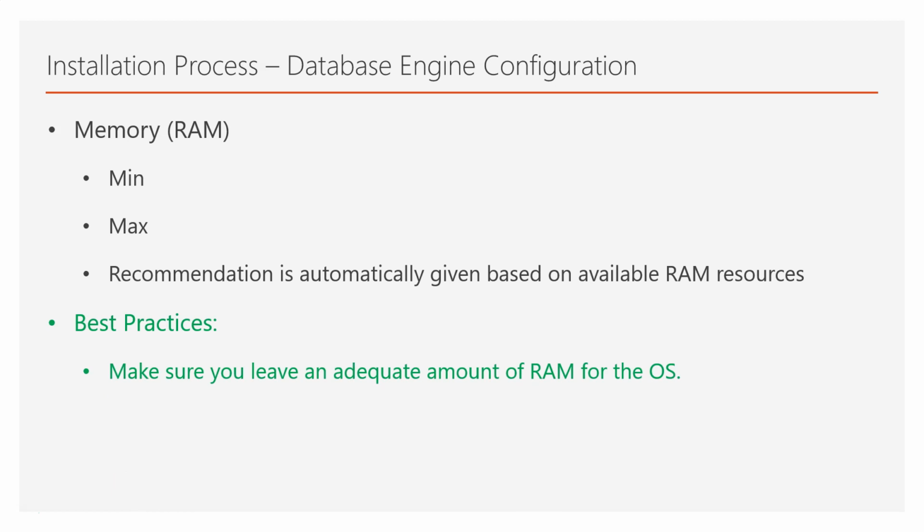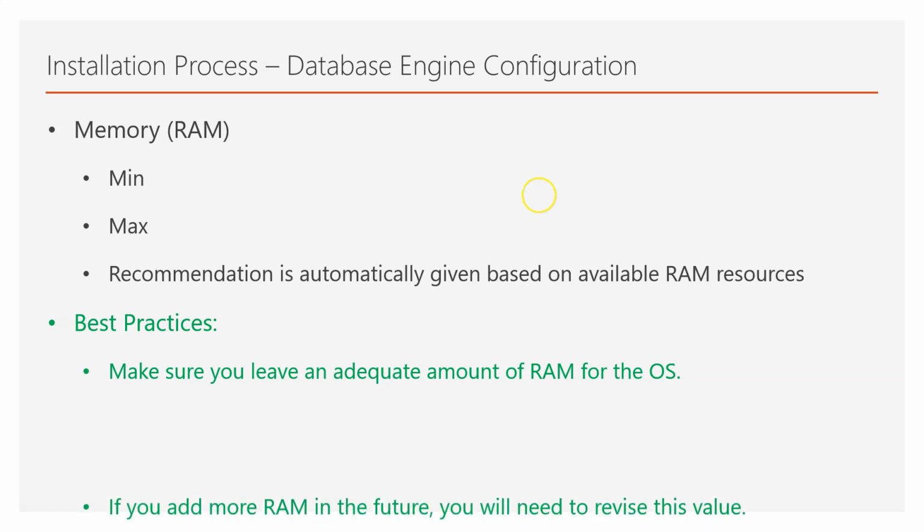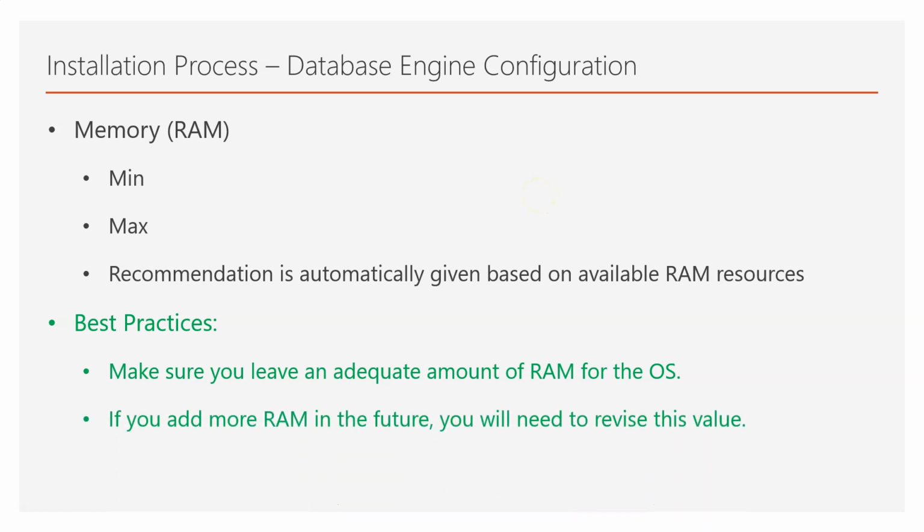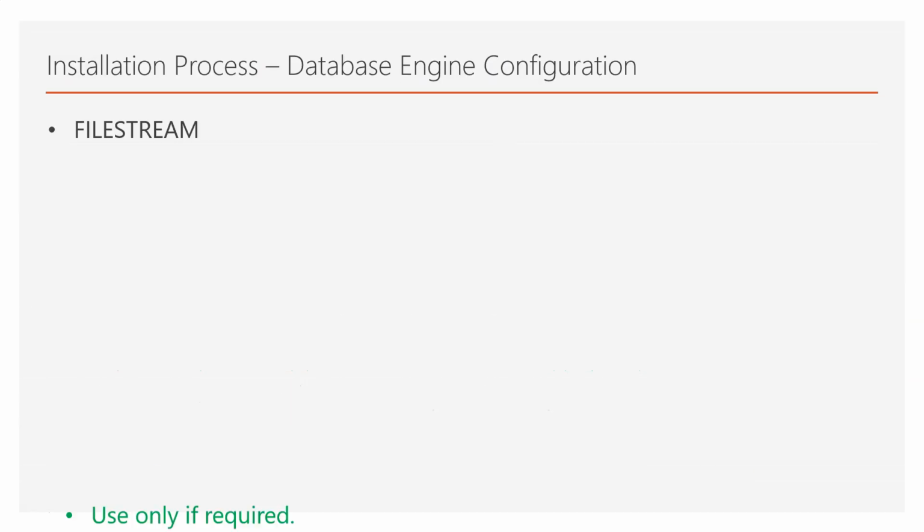The best practice here is to make sure that you leave an adequate amount of RAM for the OS, so never allocate all RAM to your SQL Server instance, but leave an adequate amount of RAM for the OS in order to be able to function properly. And if you add more RAM in the future on the server, you will need to revise this value. So you need to remember to revisit this configuration setting in case you add more RAM to the server. Now about FILESTREAM, use it only if required.